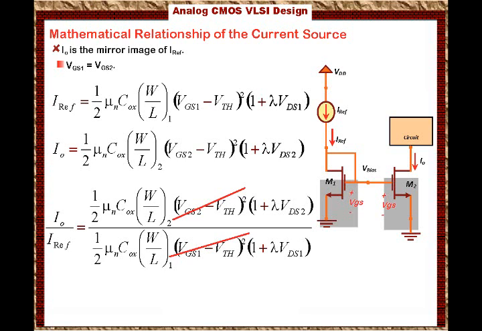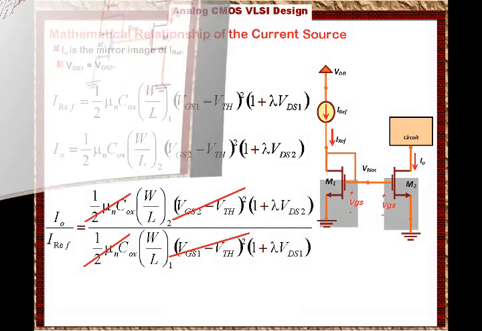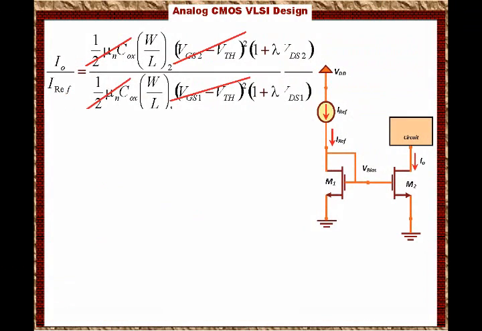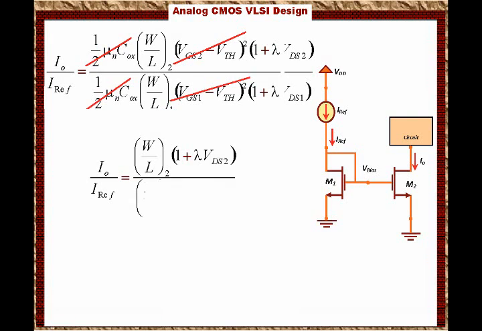And also the 1/2 mu n COX for both transistors are the same, so they cancel out. Then the ratio I out over I reference will equal W over L2 times (1 plus lambda times VDS2) over W over L1 times (1 plus lambda times VDS1).